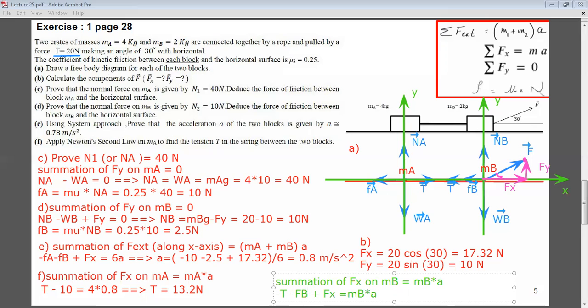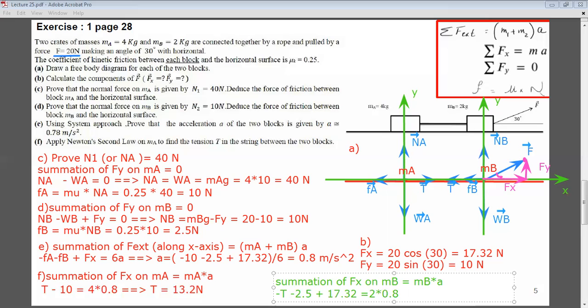Let's now put the values. This is friction B, from part D, it's 2.5, plus Fx, it's 17.32, is equal to MB, which is 2, times the acceleration 0.8.